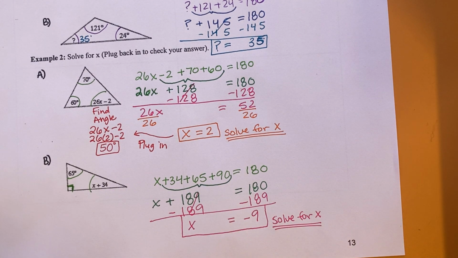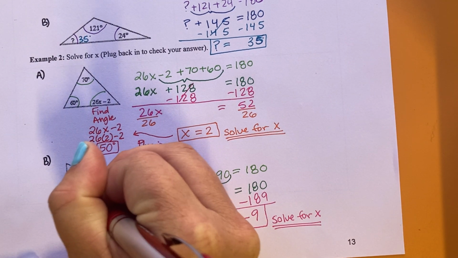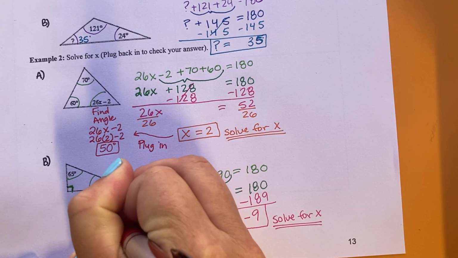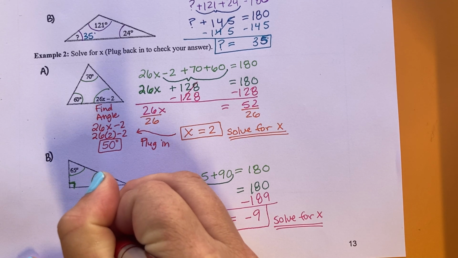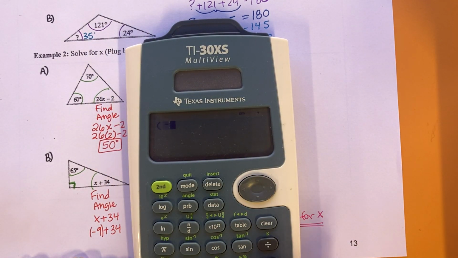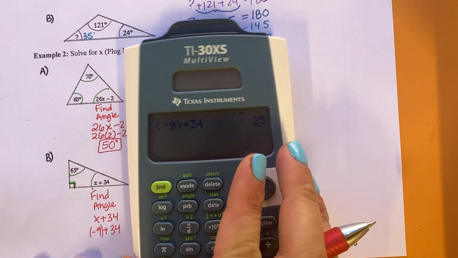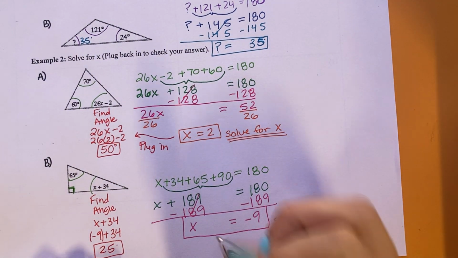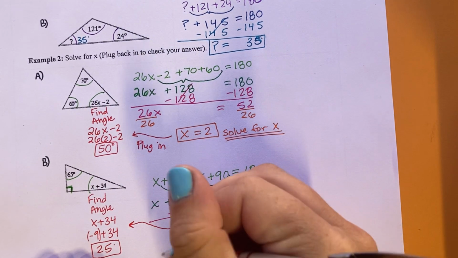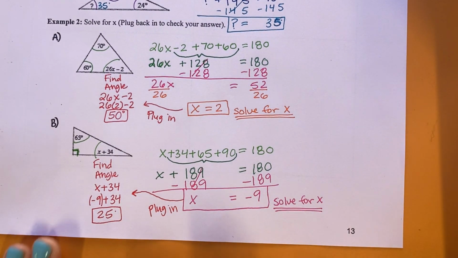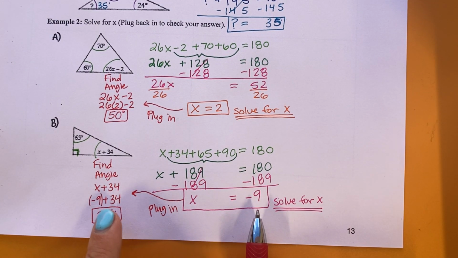So when I plug in to find this angle, and I have x plus 34, and I plug in this negative 9, negative 9 plus the 34 gives us 25 degrees. So we can solve for x, or sometimes we will be asked to find the missing angle.